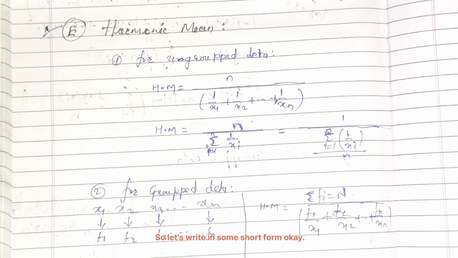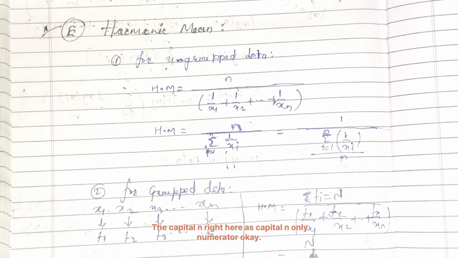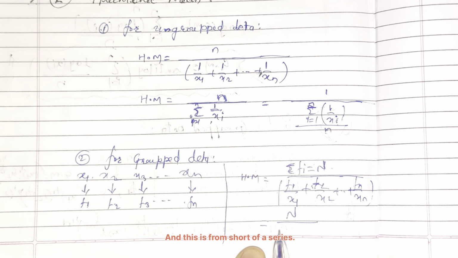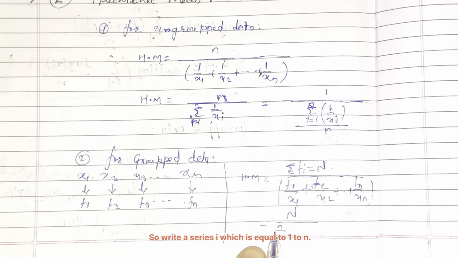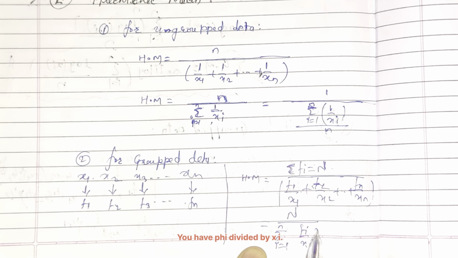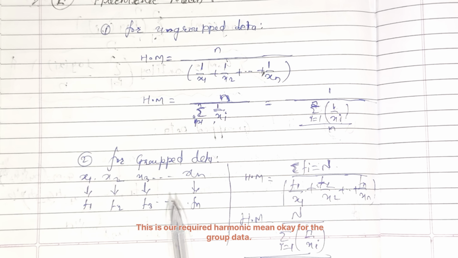Let's write it in short form. Write capital N as the numerator, and the denominator is a series, the summation of fi by xi, with i equal to 1 to n. This is our required harmonic mean for the grouped data.